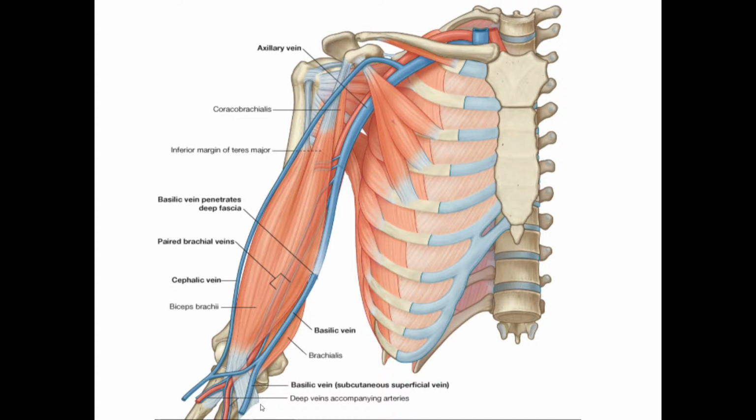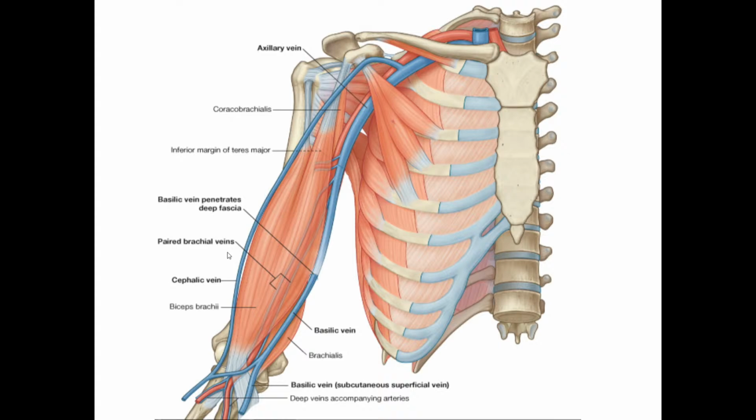So these are the subcutaneous superficial veins. The basilic vein is going up, right? The basilic vein also penetrates the deep fascia at some point, and then it is becoming the axillary vein, right? The branch of the axillary vein, we already mentioned, was this big part, and it is called the cephalic vein, right?